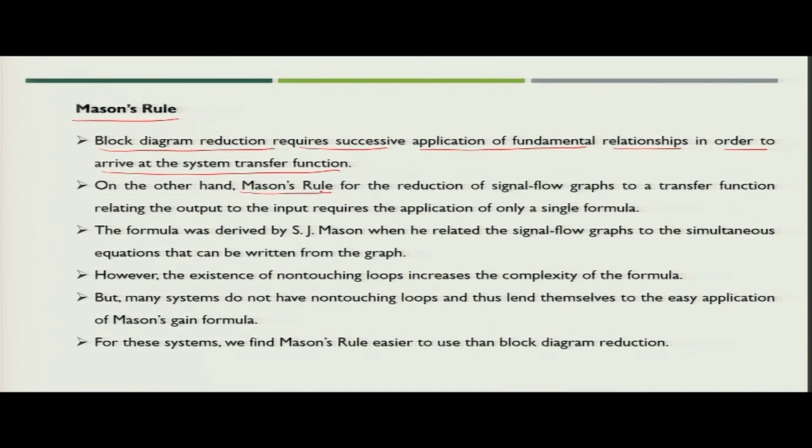With the help of Mason's rule, we can reduce the signal flow graph to a transfer function which relates output to input, and this requires only one single formula. This formula was derived by S.J. Mason when he related the signal flow graph to the simultaneous equations that can be written from the graph.